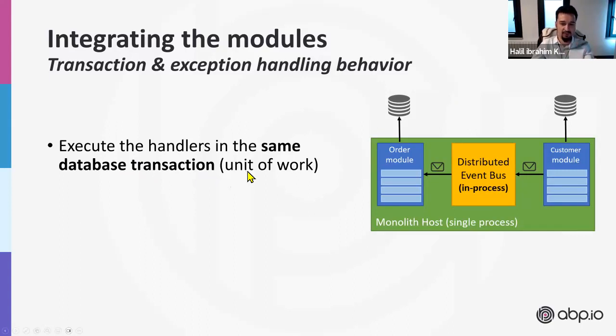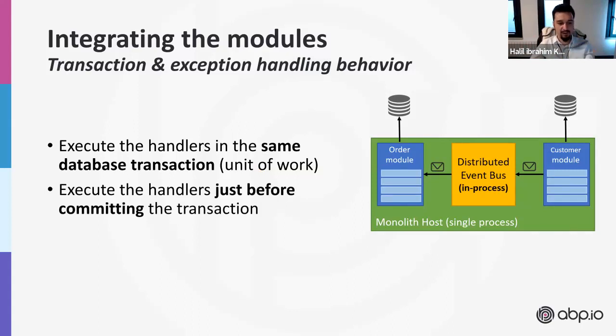I mean, the same unit of work. The database operation code and the event handler code are executed in the same database transaction. To do that, we can just execute all the handlers just before committing the database transaction. If any of the handlers fails, then it automatically rolls back the database transaction.